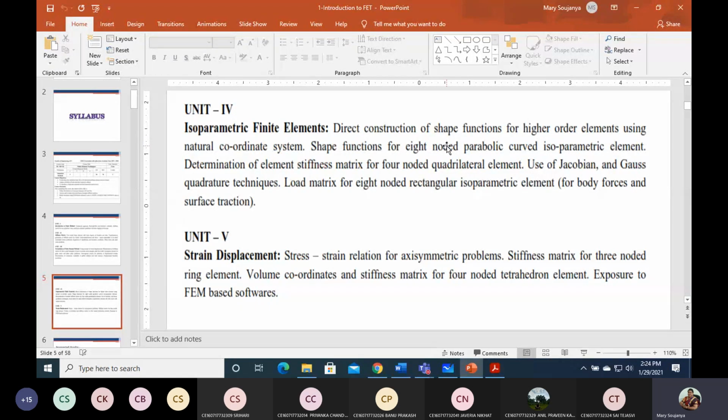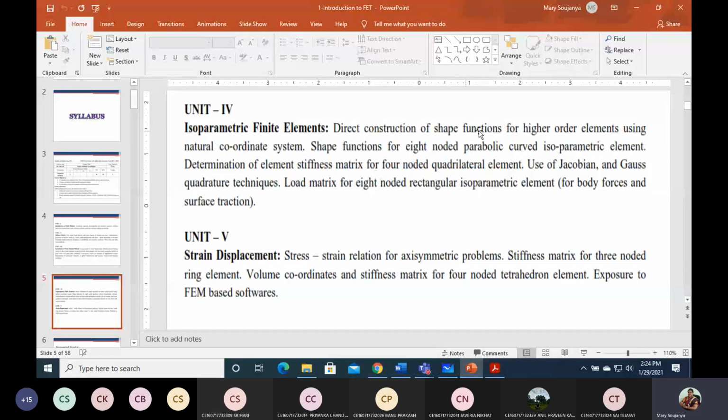Until now in unit 3 we have seen only the shape functions, elemental stiffness, everything for rectangular elements. All right. So from now on, you're going to see about the curved elements also and quadrilateral elements also. And then is use of Jacobian and Gauss quadrature techniques for determination of elemental stiffness.